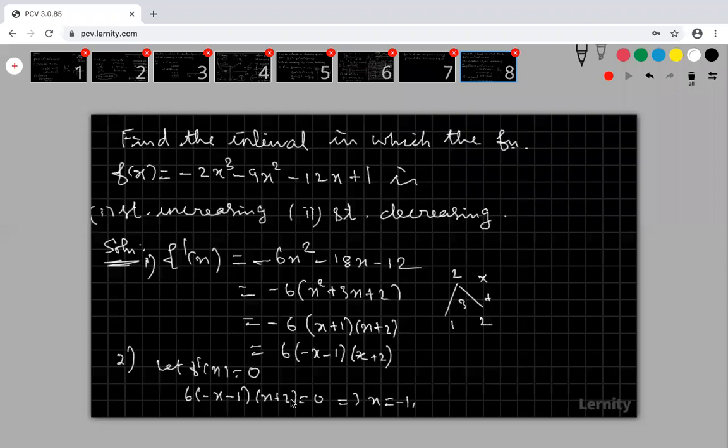And x plus 2 is equal to 0 means my x is equal to minus 2. So these are the 2 critical points.